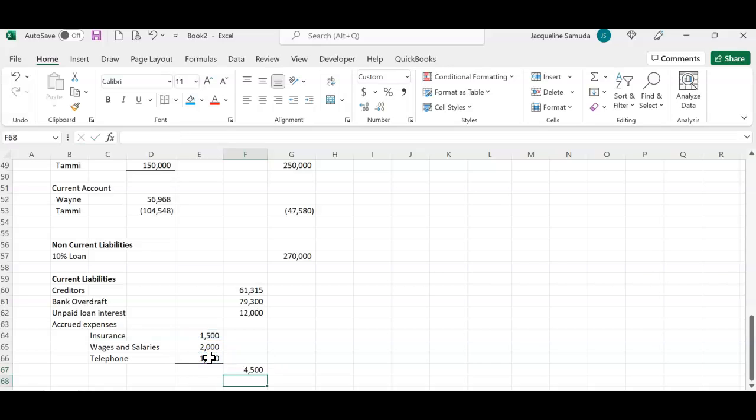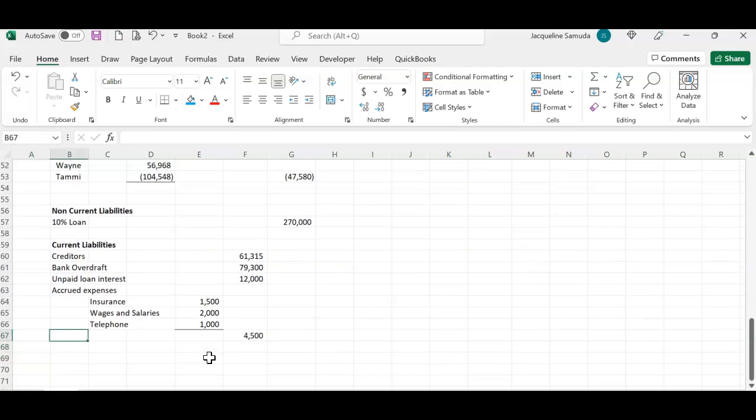And the last figure that I'm going to include is the prepaid income that falls here, meaning that you get money for work you have not done yet. So that's a liability to you because you have to give them the service. And the prepaid income was the commissions. That's the only one we had. And that figure was $3,000.